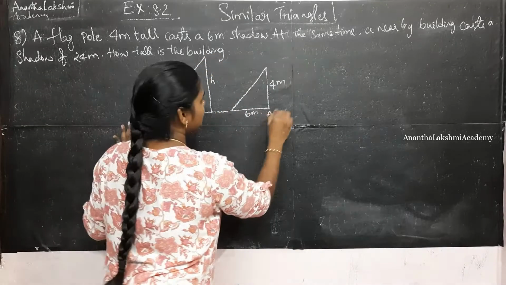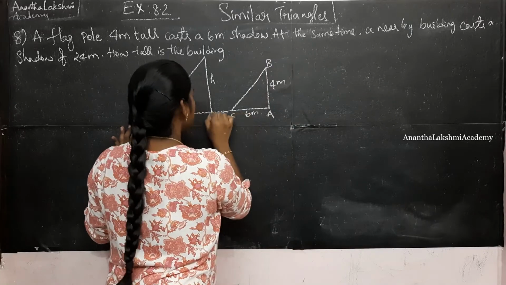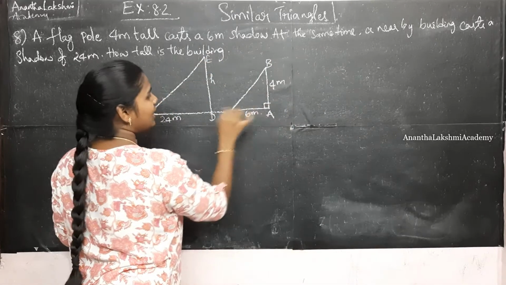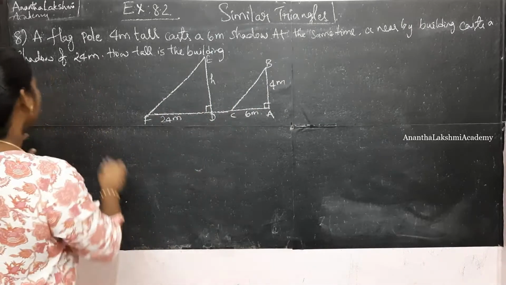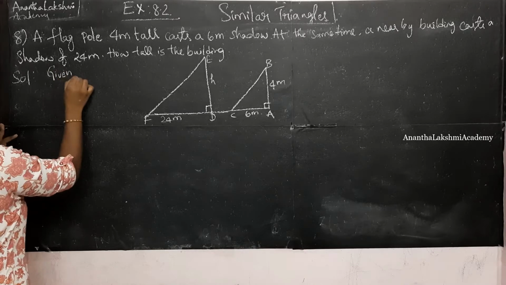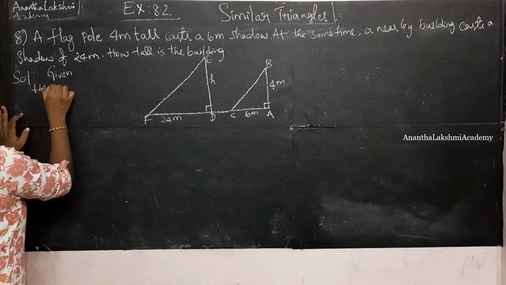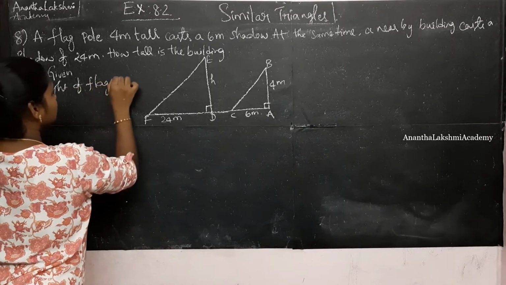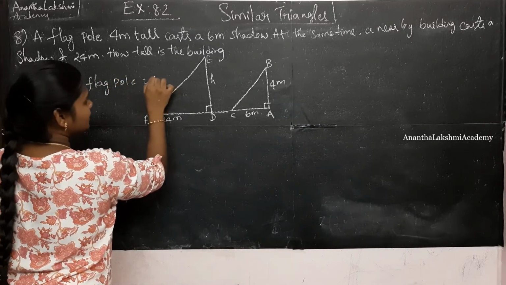Let me name this triangle as ABC. And this is going to be DEF. Let us quickly write what is given in the problem. Solution, given: height of flagpole is equal to 4 meters.